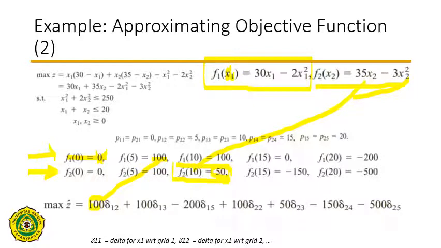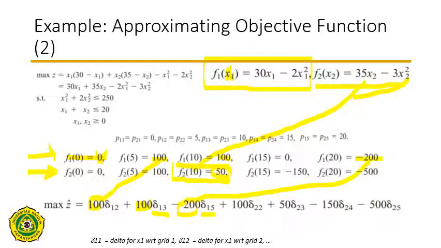Delta 1,2 means it is the delta for the variable x1 with respect to grid point 2. And this is 100 again, so it becomes here. Don't forget to multiply by delta 1,3 because this is for x1 for the third grid point. And then minus 200 goes here times delta 1,5.